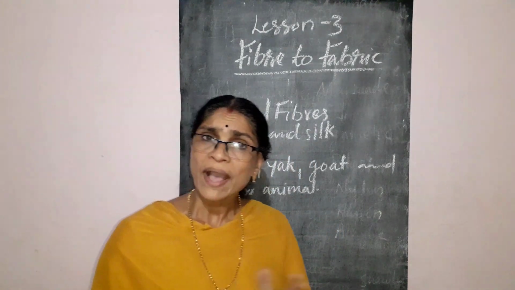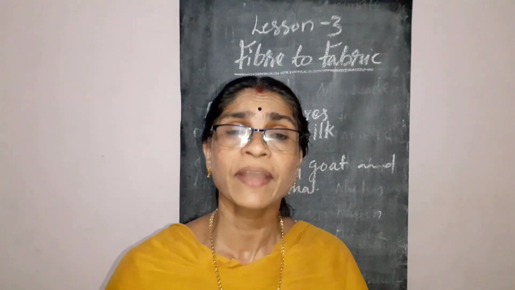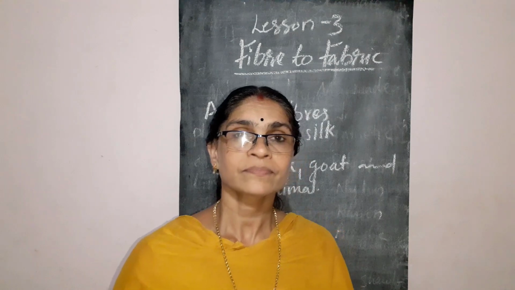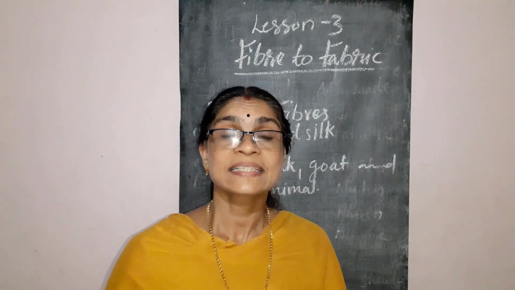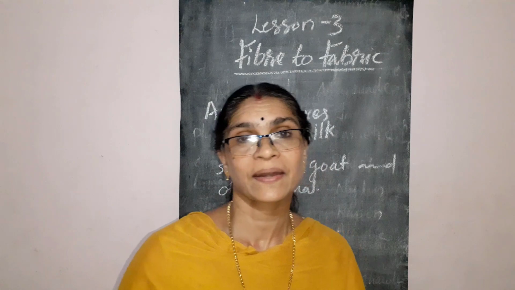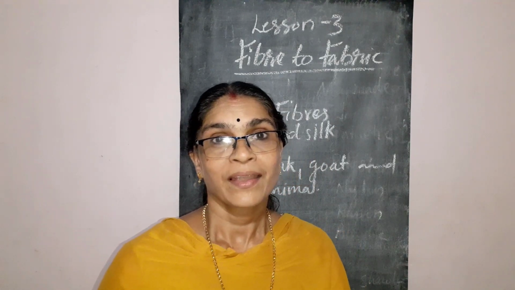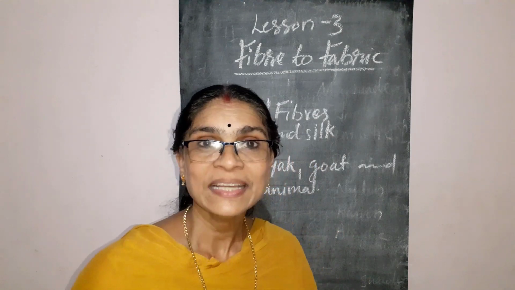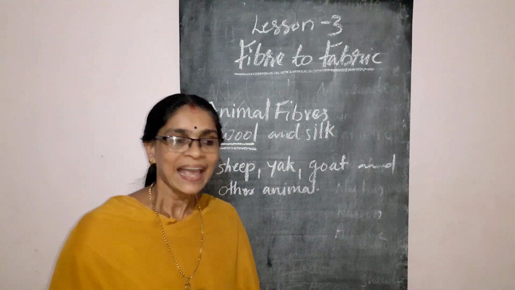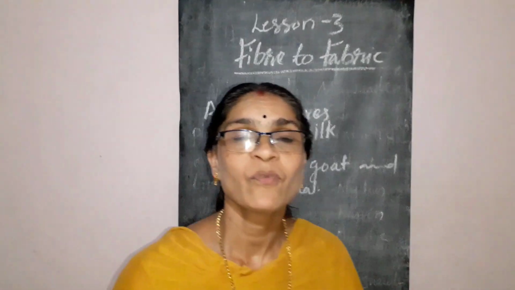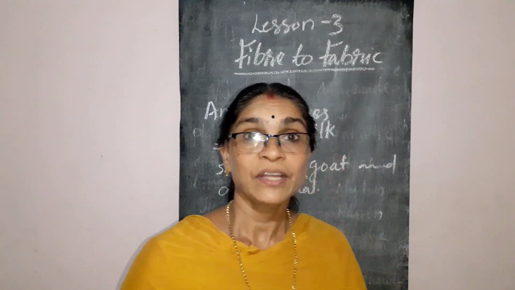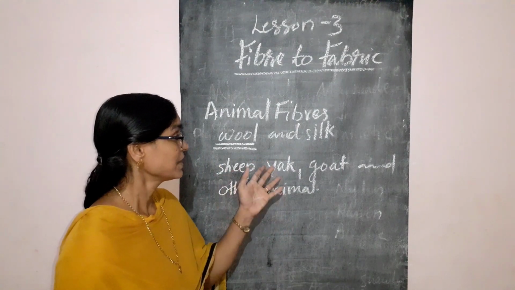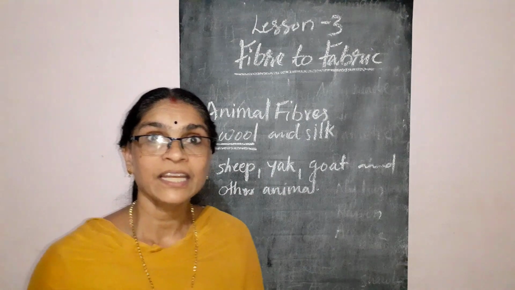Do you know why these animals have this thick coat of hair? Children, the hair traps a lot of air. Air is a poor conductor of heat. So these hairs help these animals to keep warm. Some animals like sheep, yak, etc., live in cold climates.